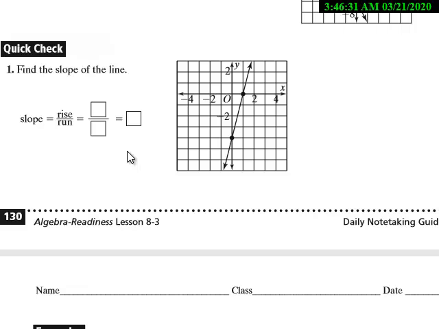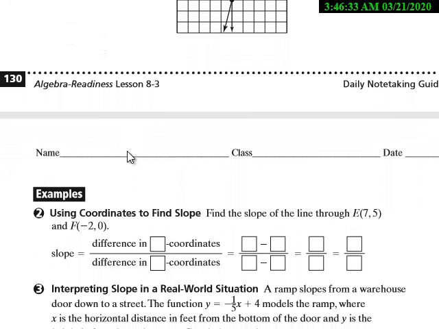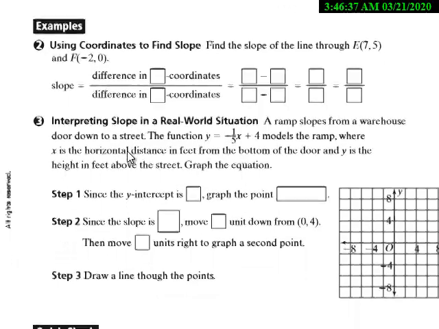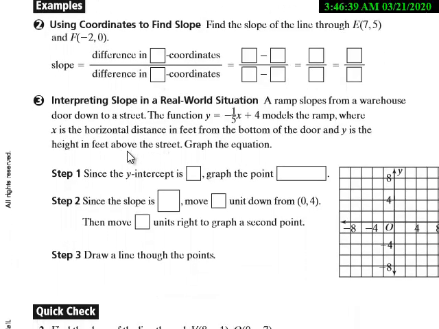We need to move to the next page of the workbook, which is the example using the coordinates to find the slope. Find the slope of the line. In this case we are going to use the slope strategy by using the difference of y over the difference of x, which is the change in y over the change in x.